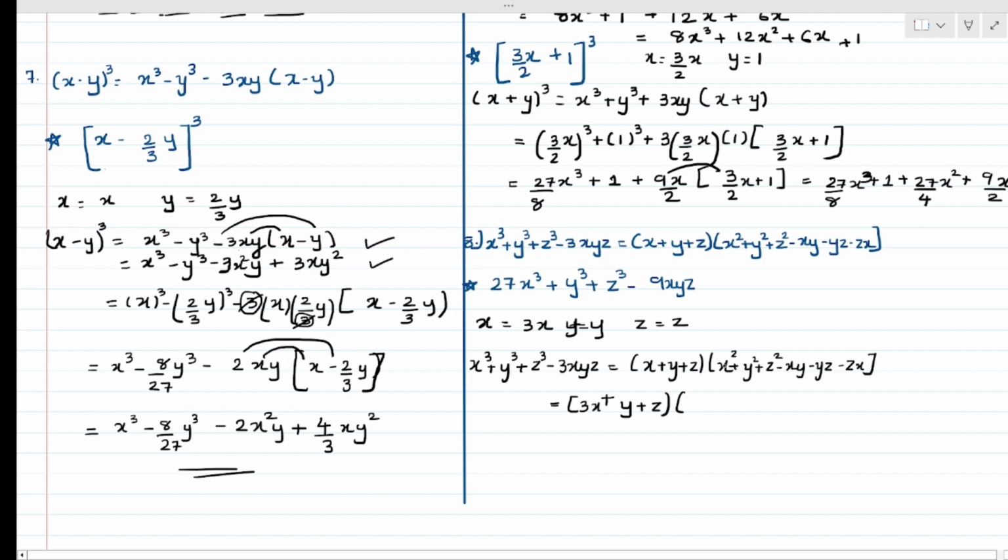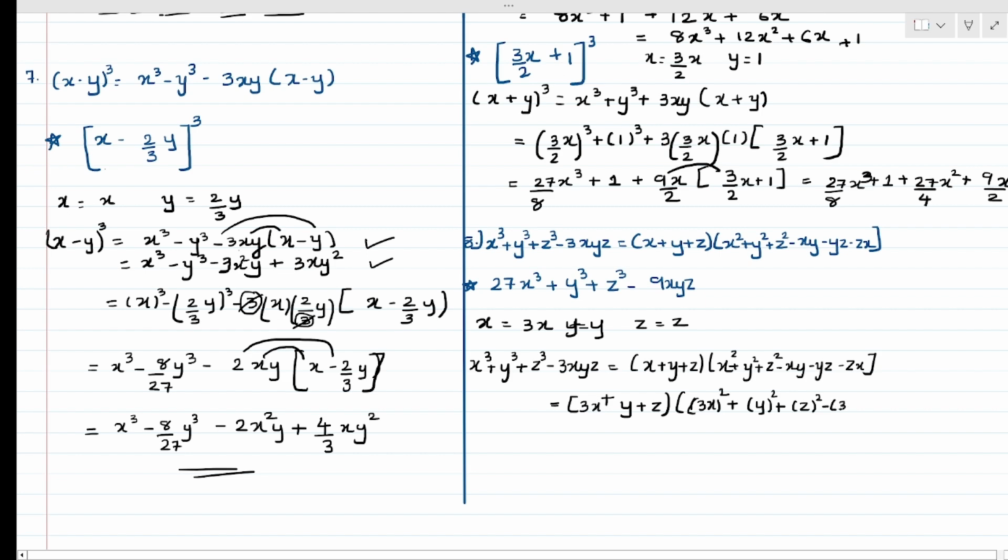Next, x square. That means you will write (3x) the whole square plus y square. Why am I writing bracket inside bracket? So that I will remember that I need to solve this term again. Plus z the whole square minus, what is my x?